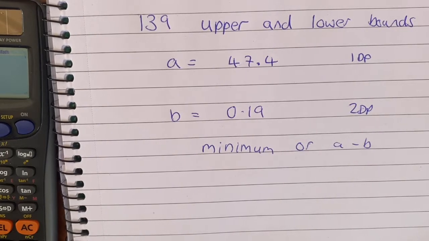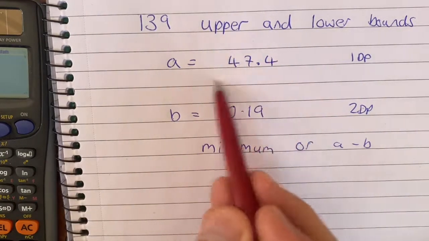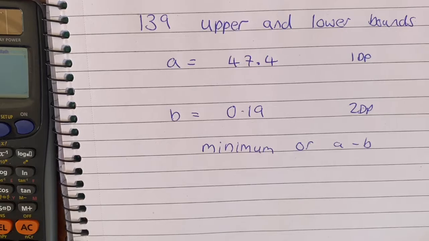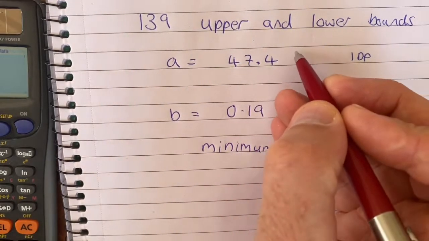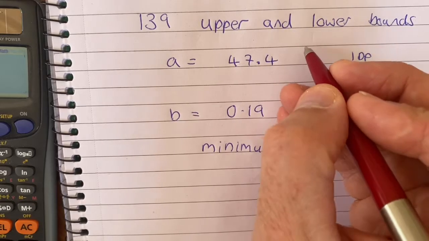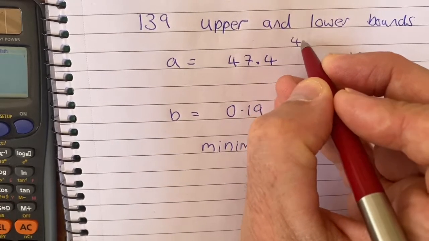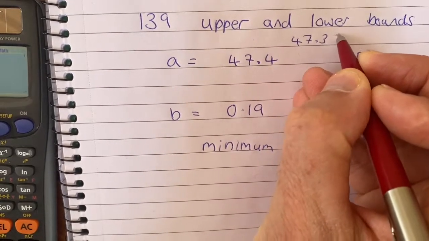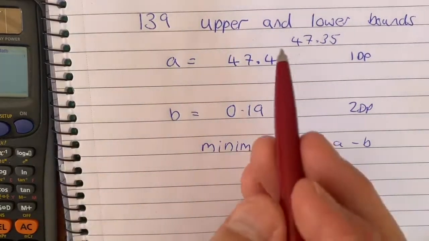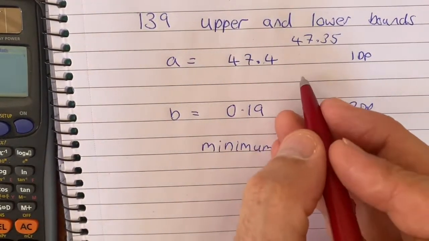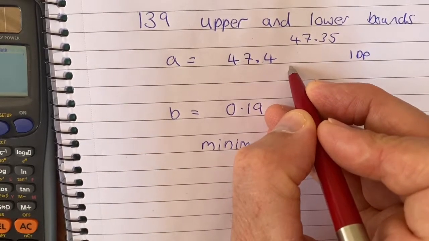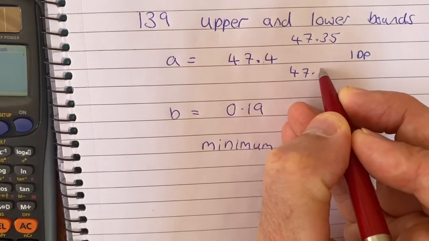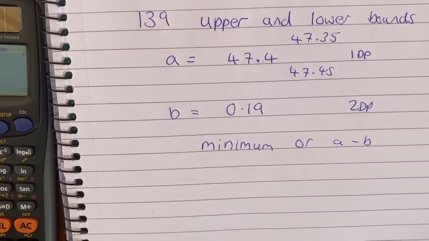Upper and lower bounds. If this has been rounded to 47.4, I'm sure you'll be really happy with me saying, well, that could have been anything that includes 47.35, because it's been rounded to that 1 decimal place. And then this is the bit where we get a little bit confused, up to 47.45.